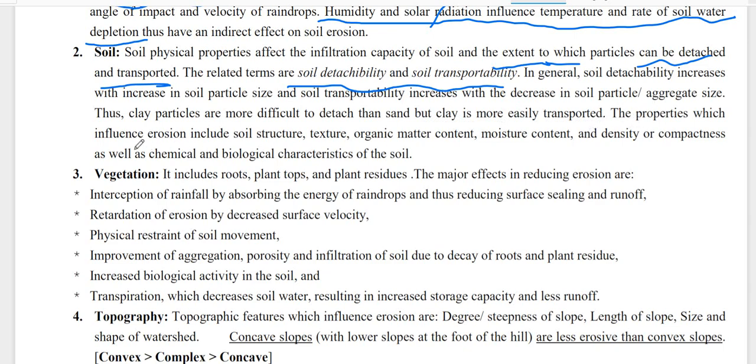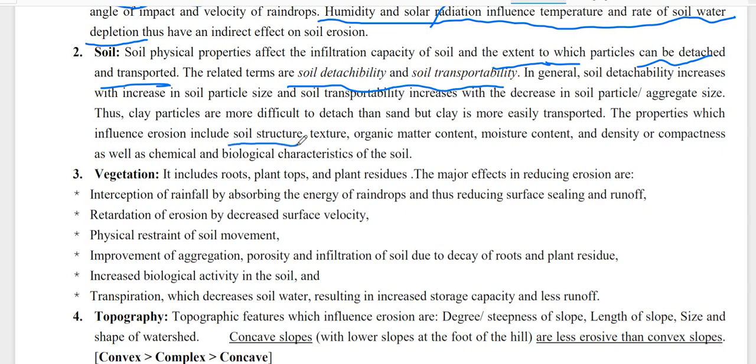The properties which influence erosion include the soil structure, texture, organic matter content, moisture content, and the density or compactness, as well as the chemical and biological characteristics of the soil. It is simply saying that these properties influence soil erosion.